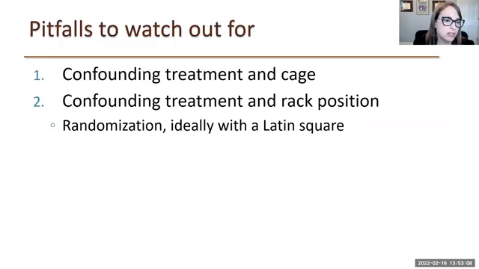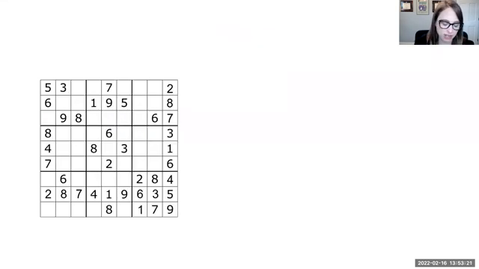Next, confounding treatment with rack position. Randomization is key, and ideally we try to use Latin square designs. Really, what this means is playing Sudoku. Hopefully you are all familiar with the number game Sudoku, where you have every number from 1 to 9 in each row, each column, and each square.